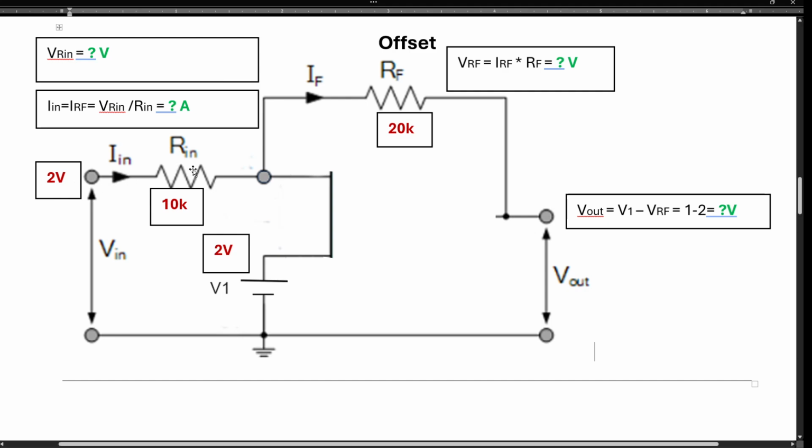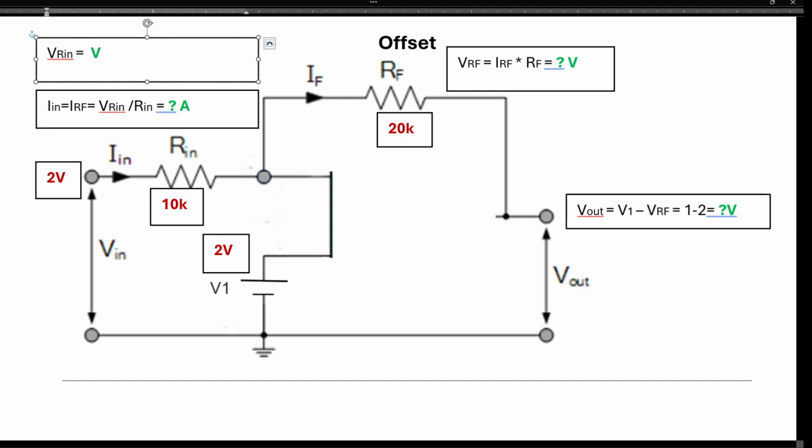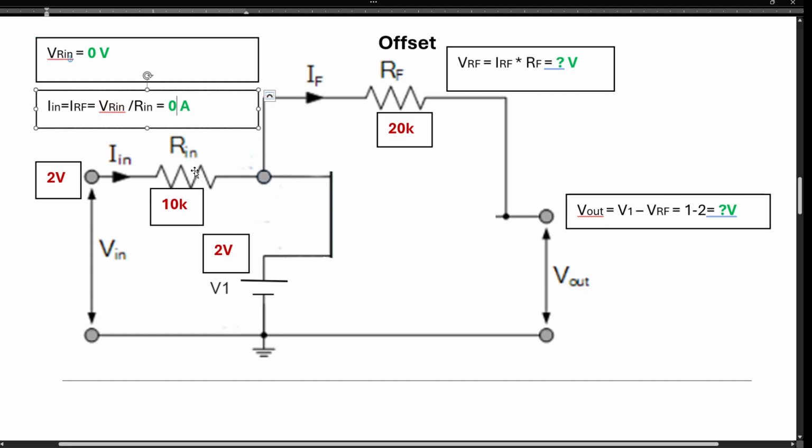What is the current across the resistor? What is the voltage across this resistor? Well, we have 2 volts here, we have 2 volts here. The voltage across the resistor is 0 volts because 2 minus 2 is 0. What is the current? It's going to be 0 times the value, which gives us 0 amps.